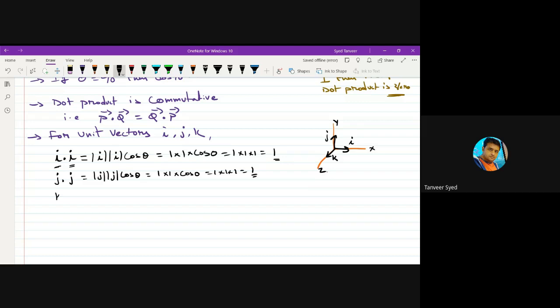If I do K dot K, magnitude of K, cos theta, 1 into 1 into cos 0 is also 1.